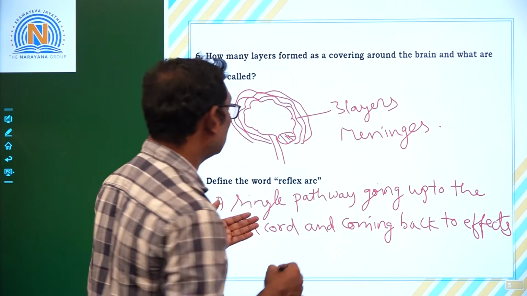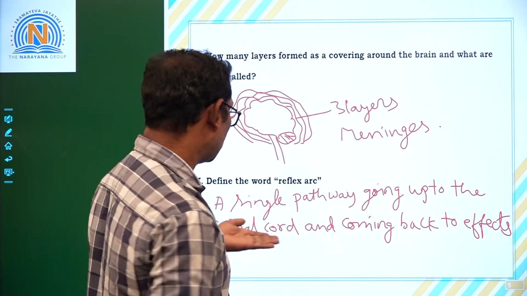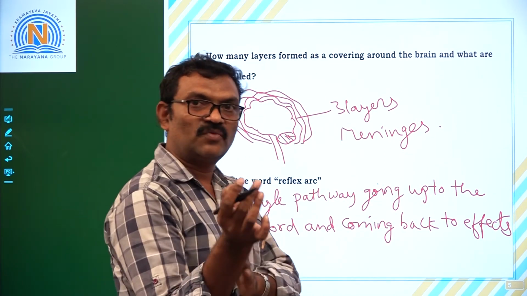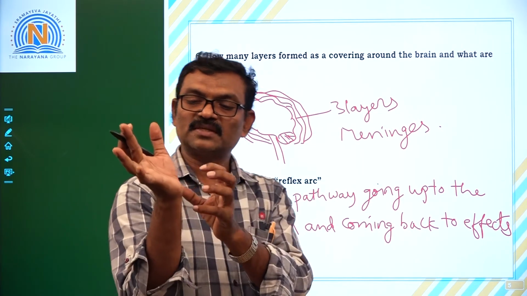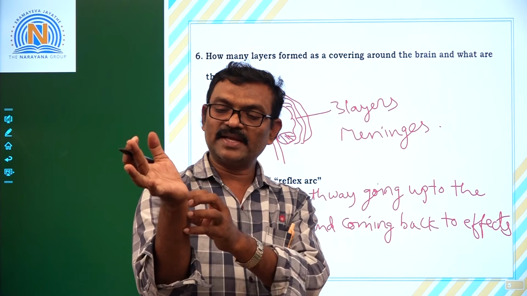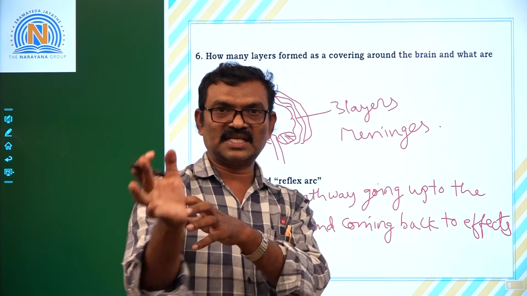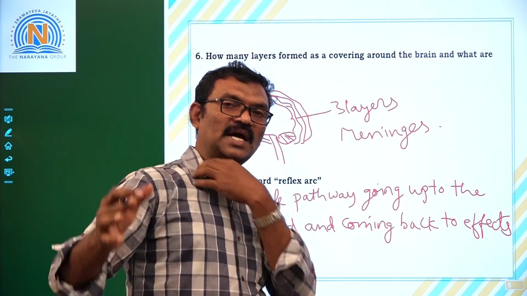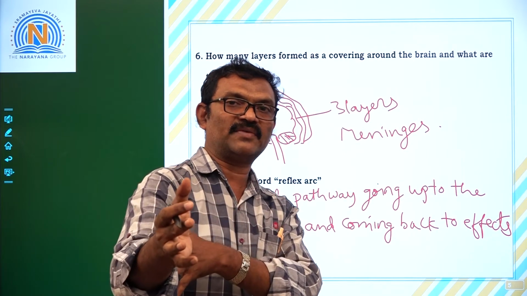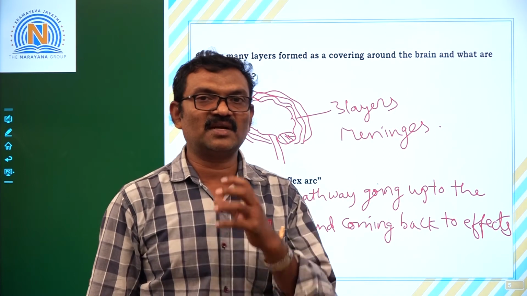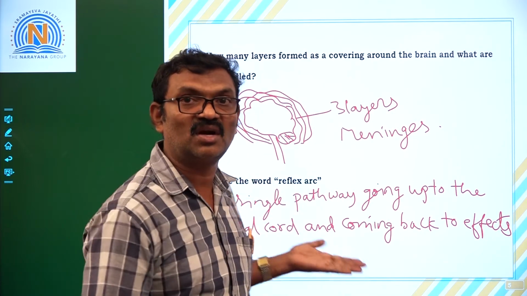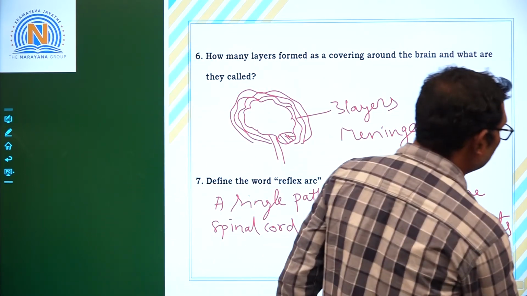Actually, a single pathway going up to the spinal cord from detectors. Yes, we are detecting, that means receptors will be there. They detect the senses. Those senses go to the spinal cord, and again they go back to the effector organs. That is called a reflex arc. Otherwise, the structural and functional unit of reflex action is called a reflex arc. That also we can consider.